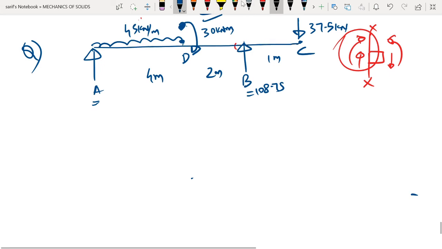Again, to find it out for the region BC, we have to consider a section here at a distance x from here, and we will consider a small element.